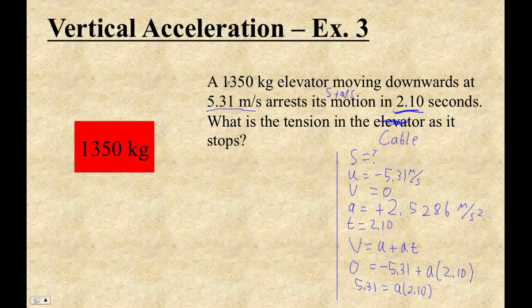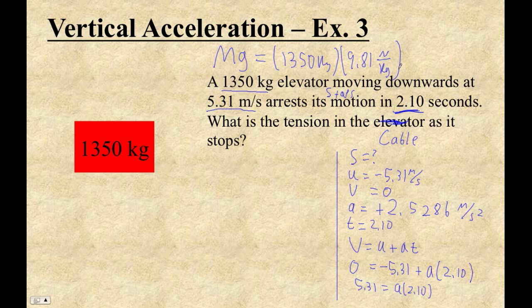Now, I still need to figure out all the forces acting on it, right? So the force of gravity is mg, which is 1350 kilograms times 9.81 newtons of force per every kilogram of mass near Earth's surface. That's the gravitational field strength. So 1350 times 9.81.